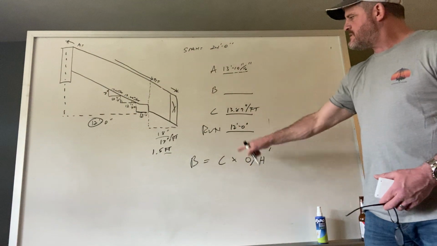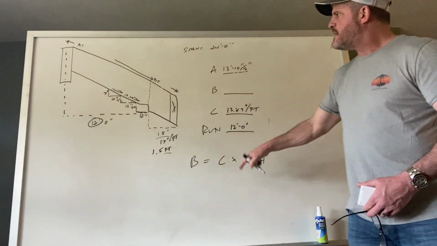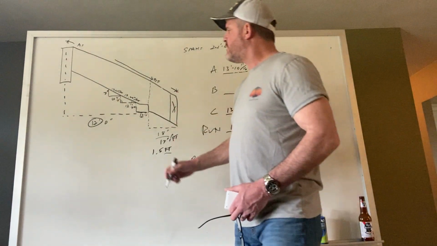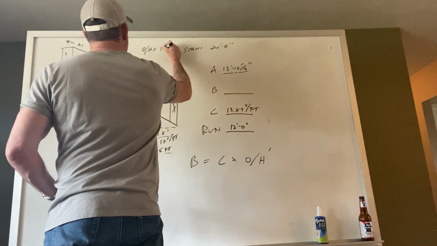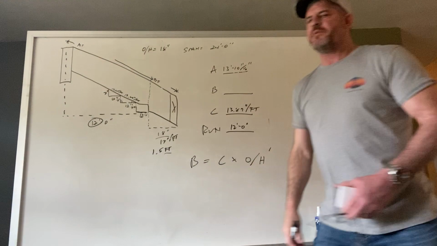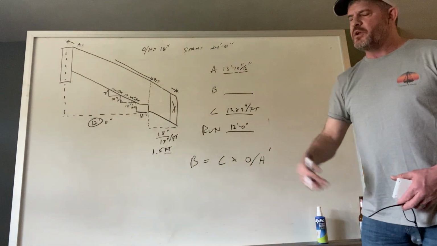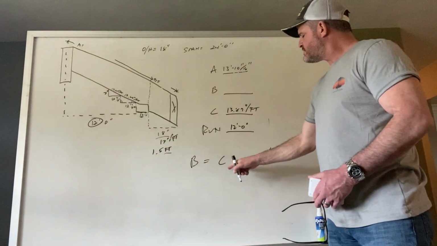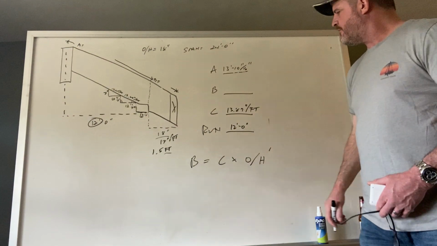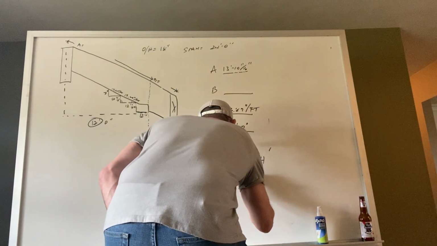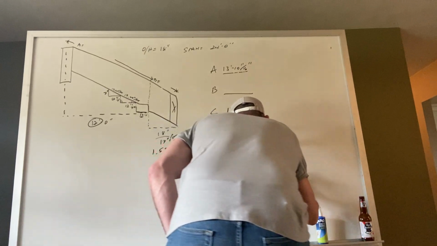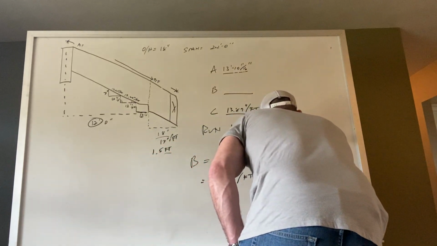So again, my C, 13.89 inches, times my overhang, which was given to us. Our overhang, they told us it was 18 inches. That was given to us on our print, again communicating information to us. So C times my overhang in feet. So therefore, 13.89 inches per foot times 1.5 feet.